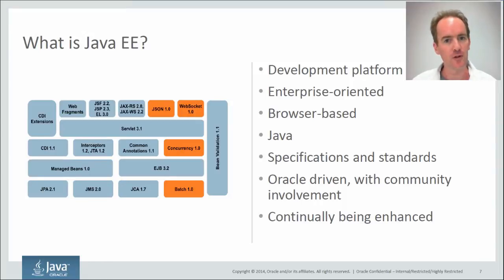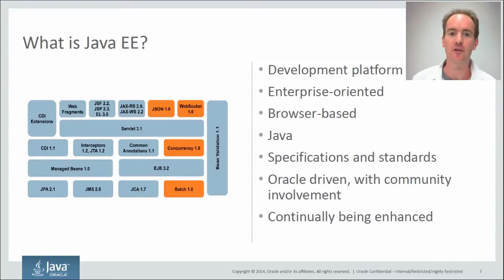What's most important about Java EE is that it's based on specifications and standards. A typical problem in creating applications in Java or any other language for deployment into the browser for business applications is that companies need to create standards for themselves. A standard internally for accessing a database, a standard internally for connecting the backend to the front end.